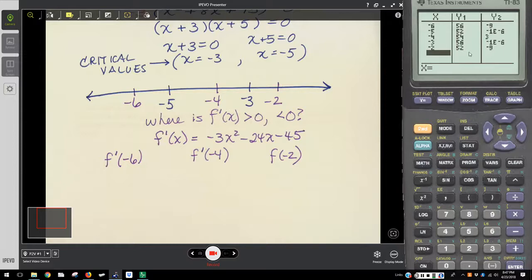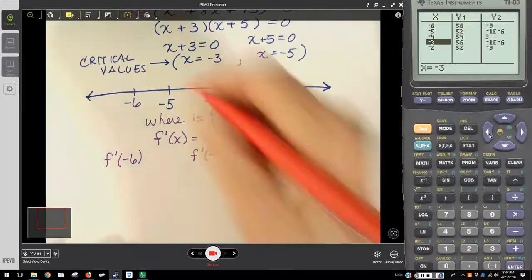And what I verify then is that at -5, even though the value of the function is 52, the value of the derivative is essentially 0. That's a numerical derivative, remember, so that's actually 0. And the same thing happens again when x is -3, so that confirms our two critical numbers.